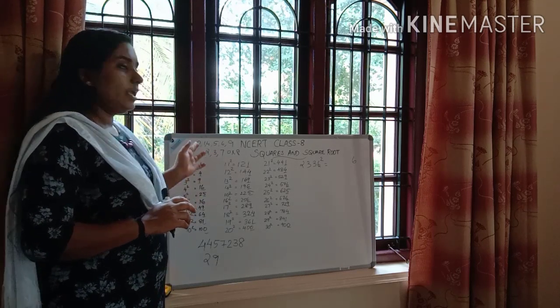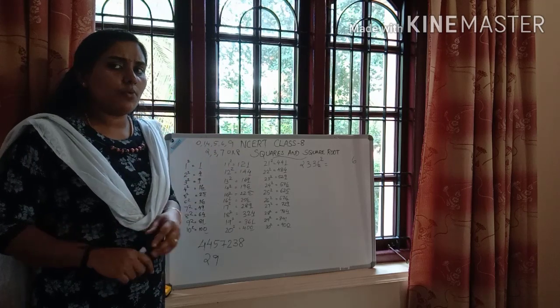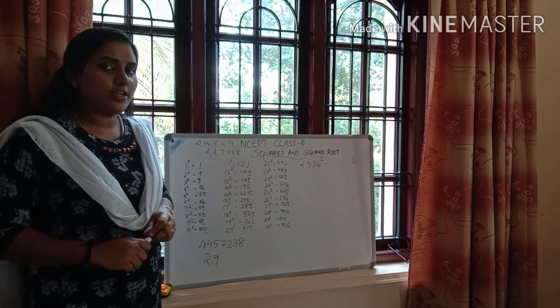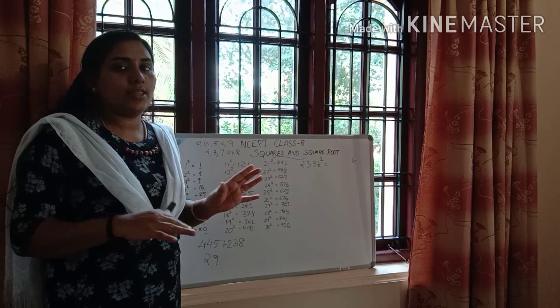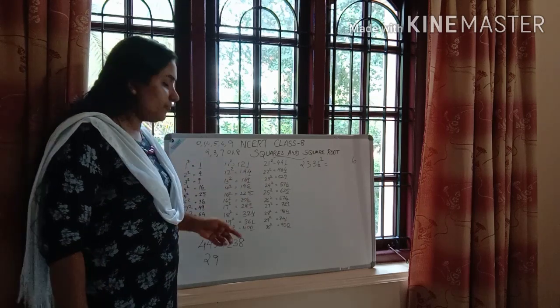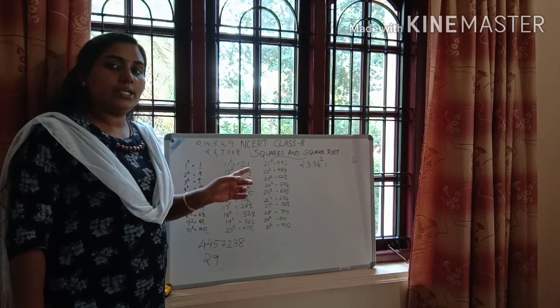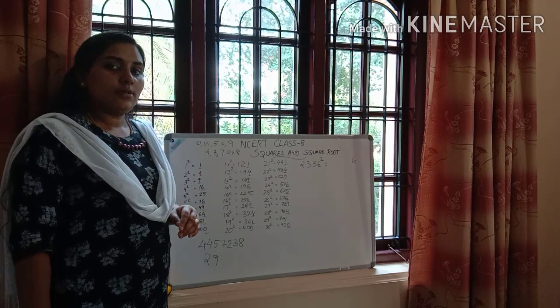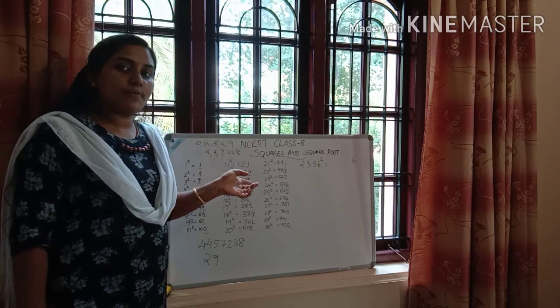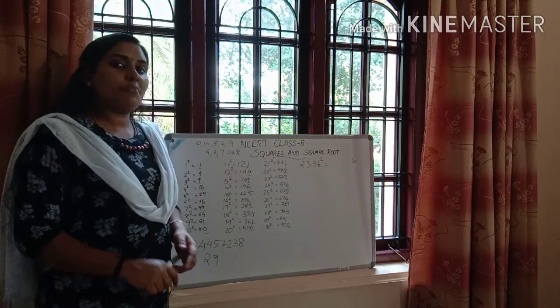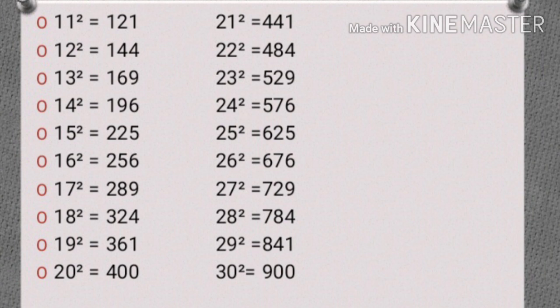Is this correct for all these numbers? Shall we check? Yes, let us check with other examples. Between 11 and 20, let us look at the units place of the squares of these numbers. Here, see, 1, 4, 9, 6, 5, 6, 9, 4, 1, 0.